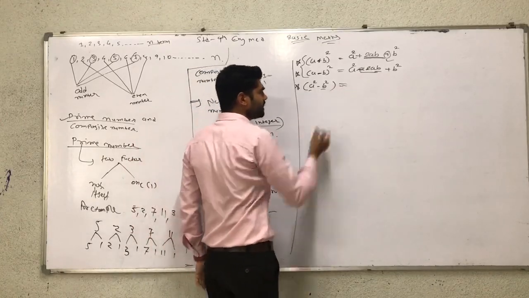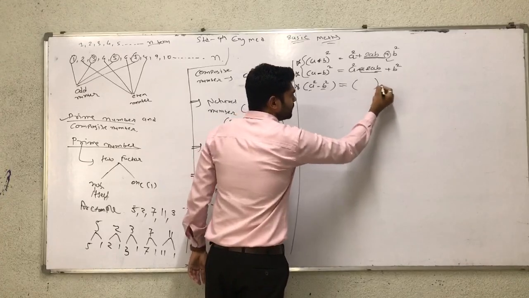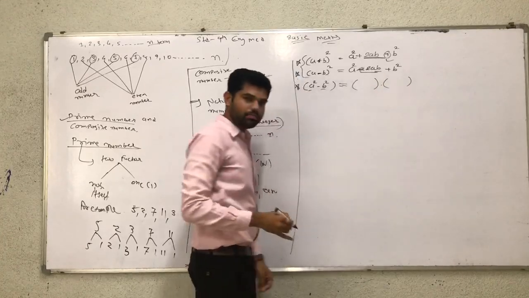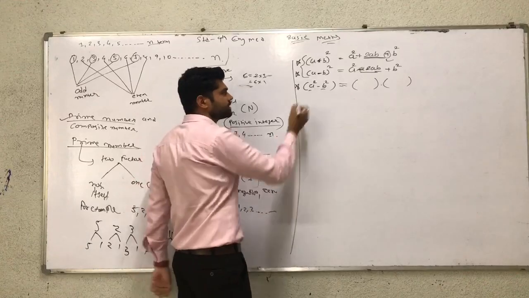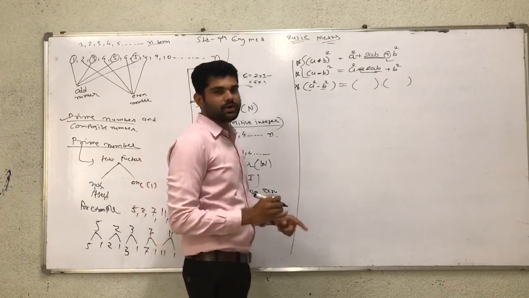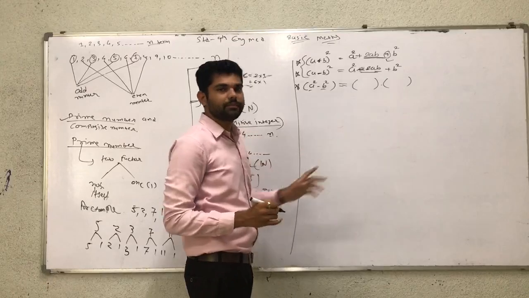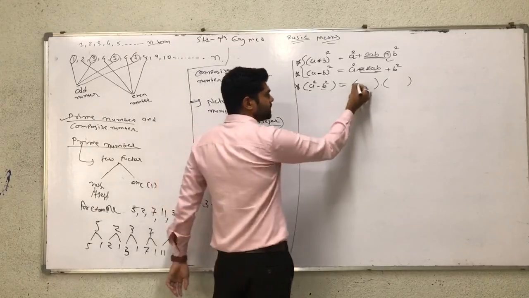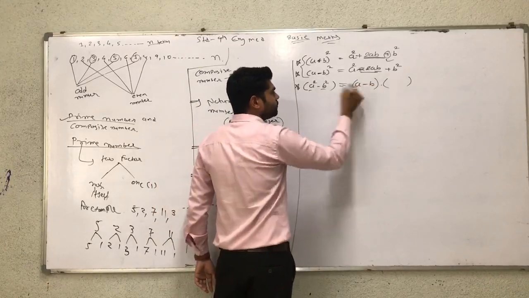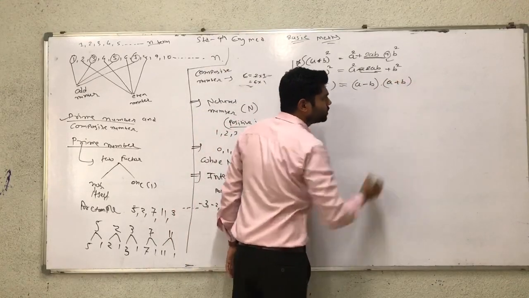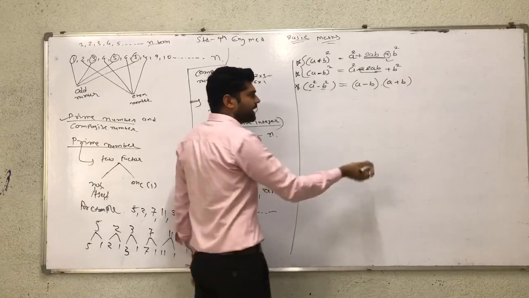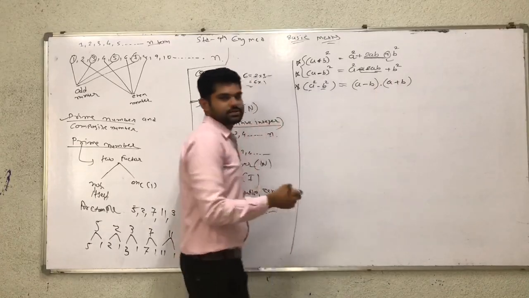Here one time plus and another time minus, with multiplication between two brackets. It means when you see the square of a particular number, then apply it in two parts. The first part is the subtraction of the two numbers, then the addition of the two numbers, in brackets, multiplied.